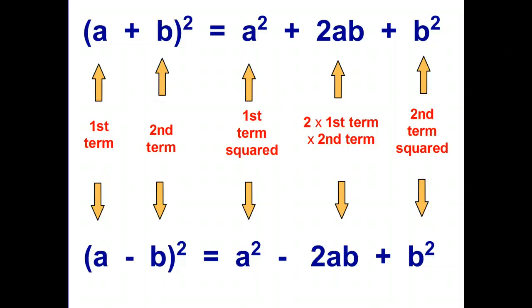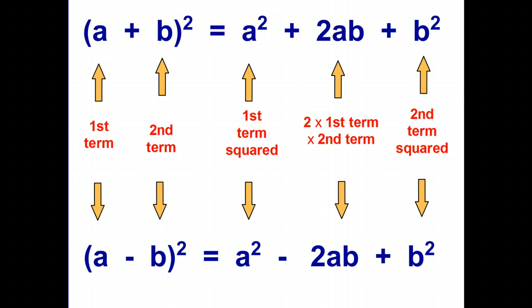Okay, here's a summary. The first term is the same, the second term is the same. The only difference is we've got a plus and a minus. When you expand it, the first term is the same, the last term is the same, and the only difference is the middle term is plus 2ab because of the plus sign, and for this expression it's minus 2ab because of the minus sign.